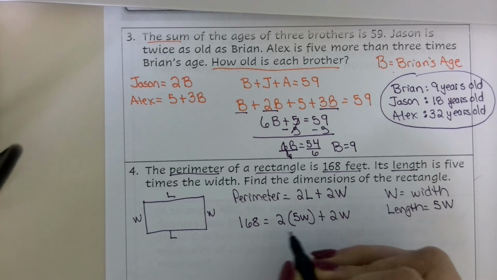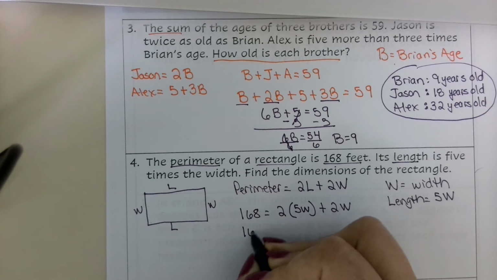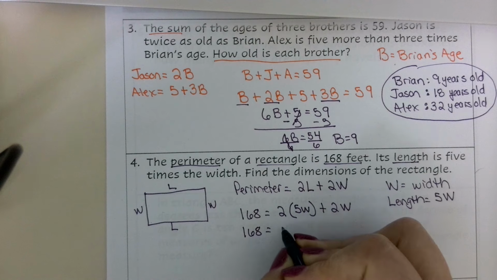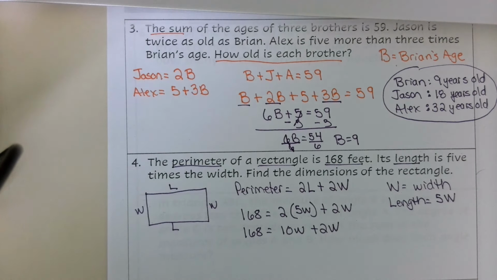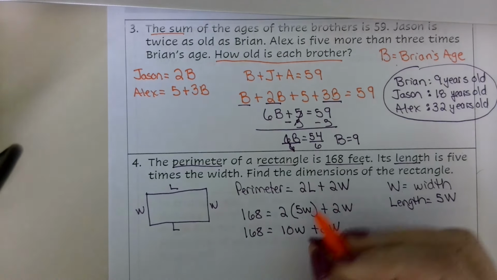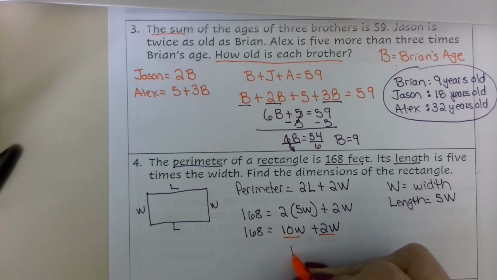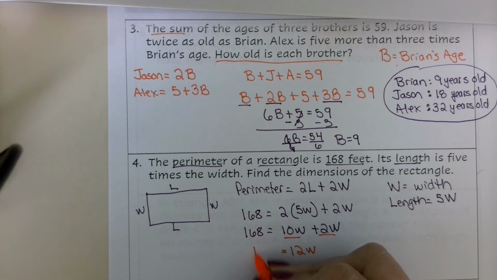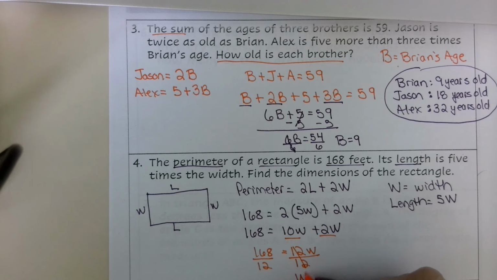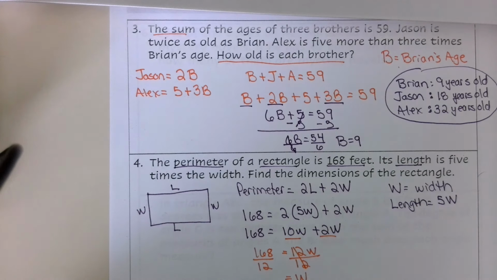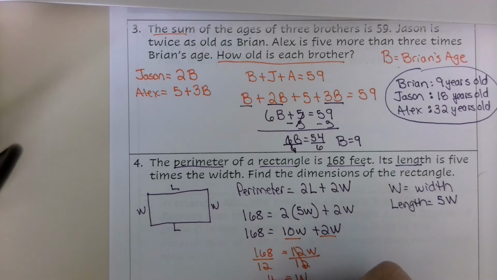Okay, I've got to multiply here so I can combine my like terms. 168 is 2 times 5, which is 10W plus 2W. And now I've got to combine my like terms because I got that all multiplied out. I get 12W equals 168. One-step equation here. Divide both sides by 12, and W equals 168 divided by 12, which is 14.